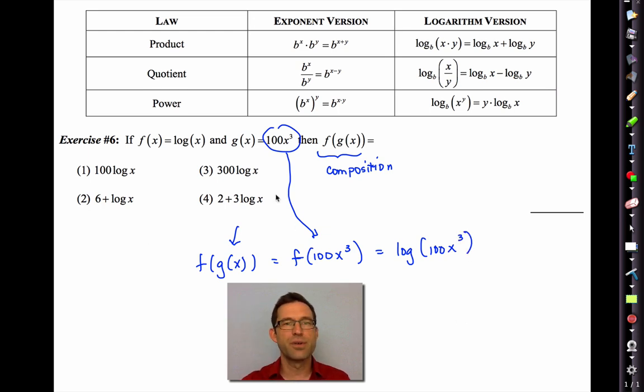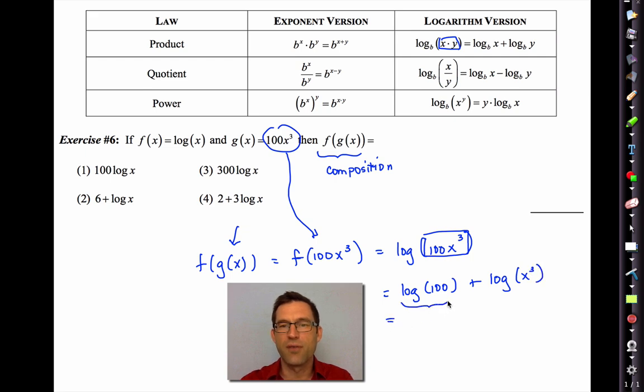Now, if that's one of my choices, awesome, but I don't see that one. So then the question becomes, what do I do? Well, the big structure here, and again, it's important to see the big structure, is a product. It is not the power. We can't bring that 3 out because the 100 isn't being cubed, all right? What we can do is rewrite this as the log of 100 plus the log of x cubed.